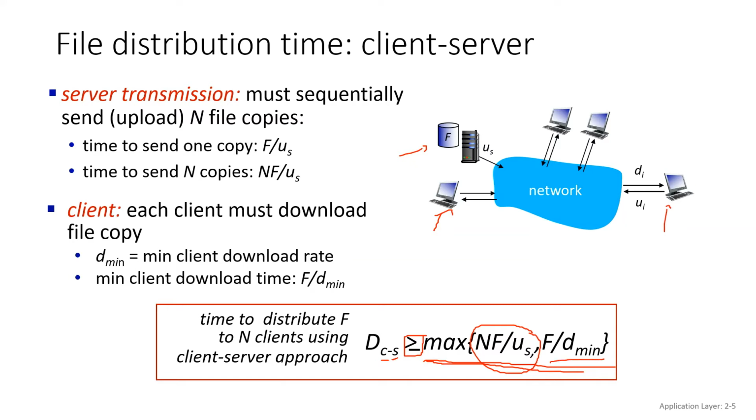And what is also the bottleneck per client based on their download time. So the distribution time in a client-server architecture will be the maximum of those two.